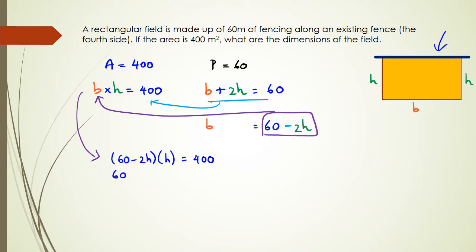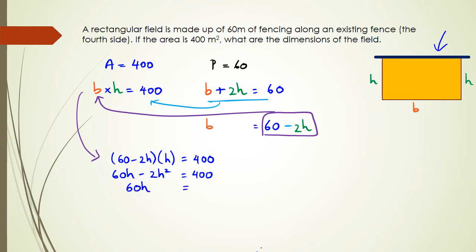So I've got 60h minus 2h squared is equal to 400. So at this point, I want to bring all the elements to the right hand side, or whichever side is easy for you. But I actually don't like this negative 2h squared, so I'm going to take it to the opposite side, and the 60h as well. But I'll do one step at a time so you guys can see.